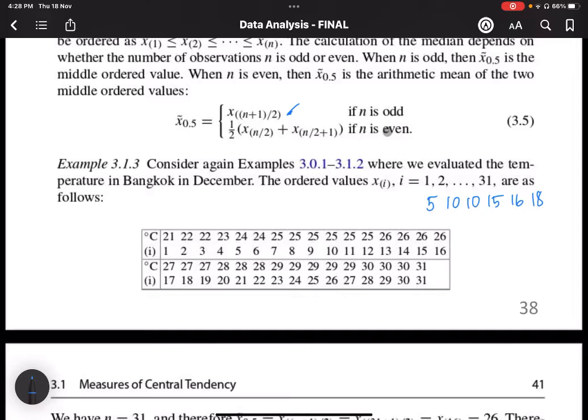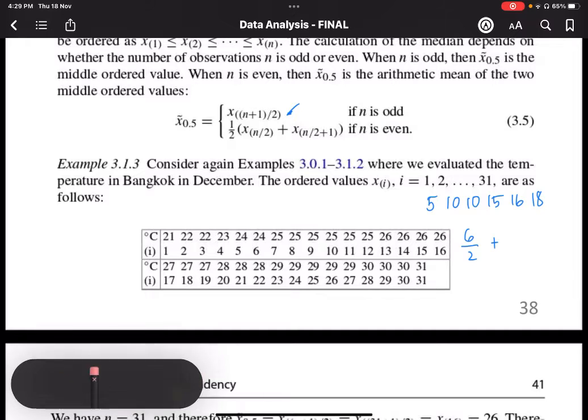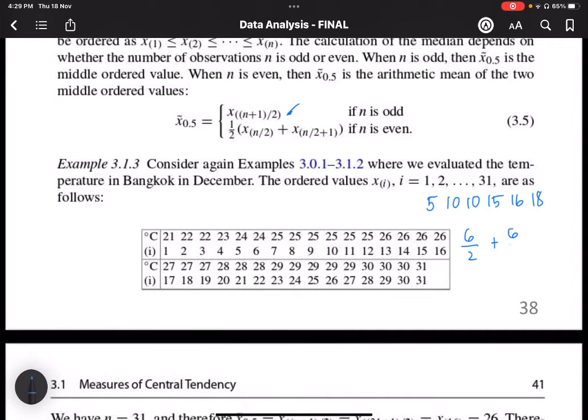So anong gagamitin natin? Ito. So ano yung n natin? 6. Kasi meron tayong 6 na data, 6 over 2 plus 6 over 2 plus 1. Okay? So we have 3.